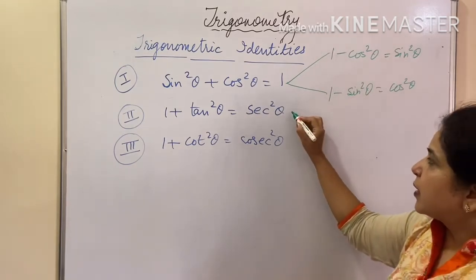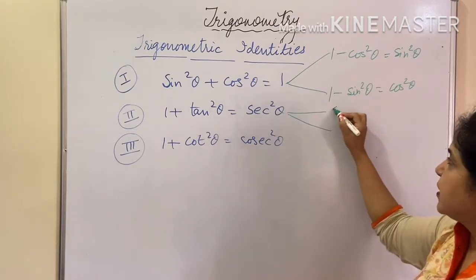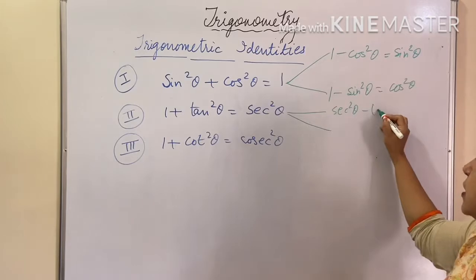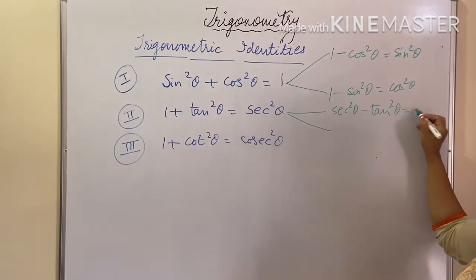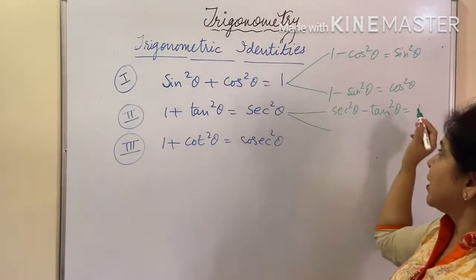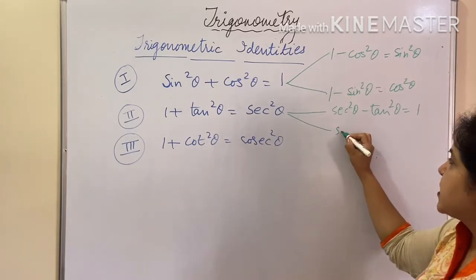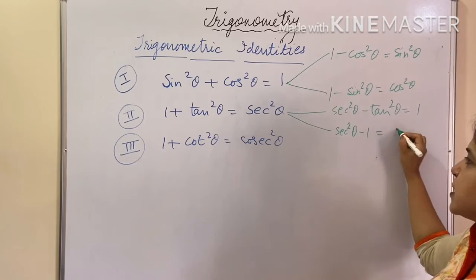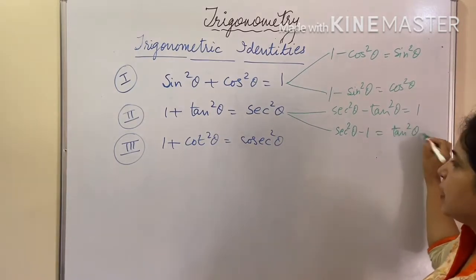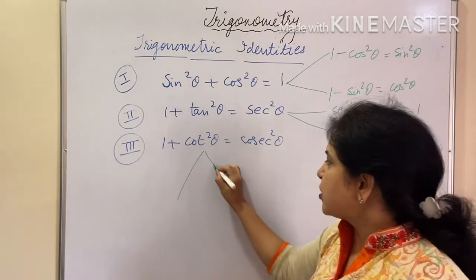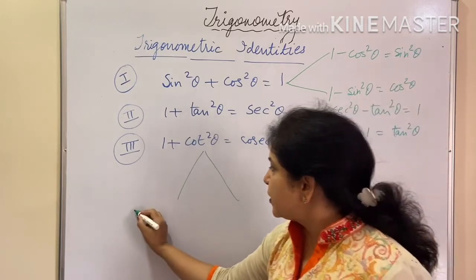Like here also we can write these identities in this form: sec square theta minus tan square theta equals to 1. So 1 can be written like this. And the next is sec square theta minus 1 is equal to tan square theta. And this identity also can be written in other two forms.